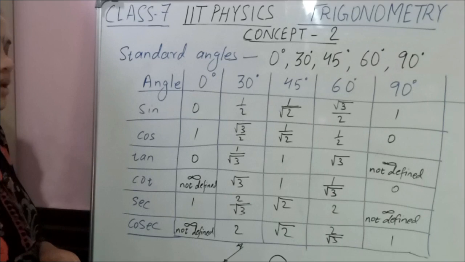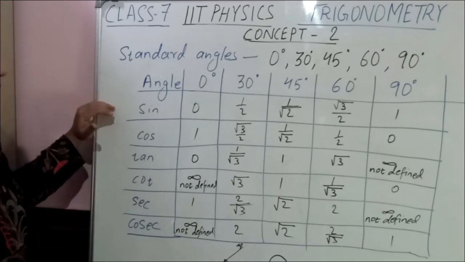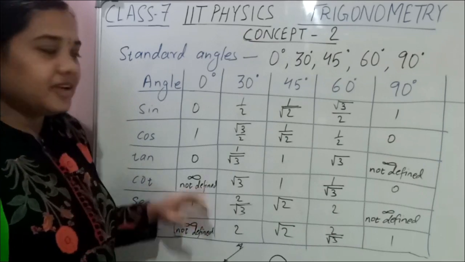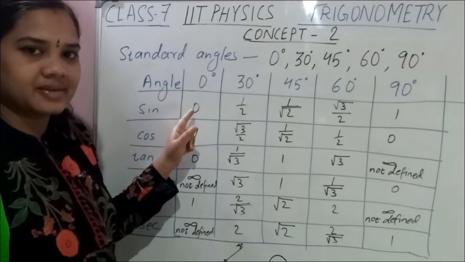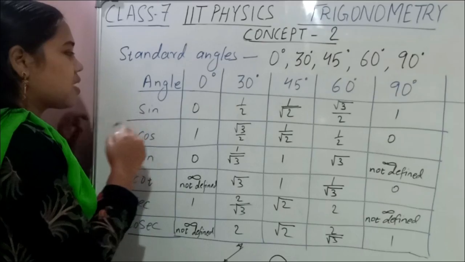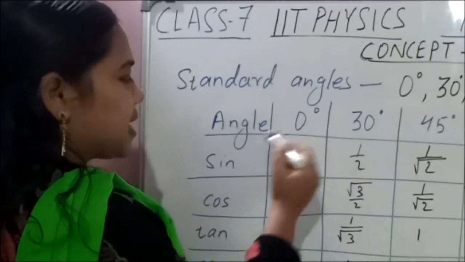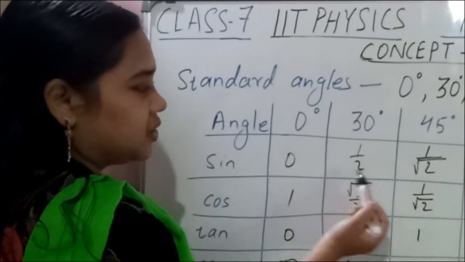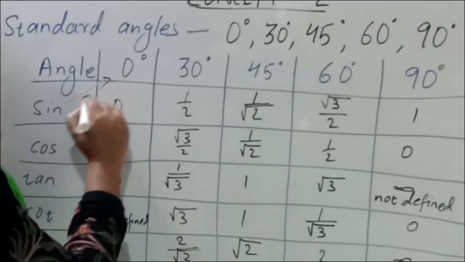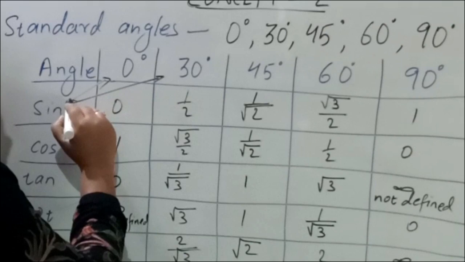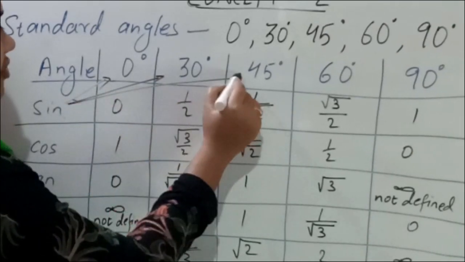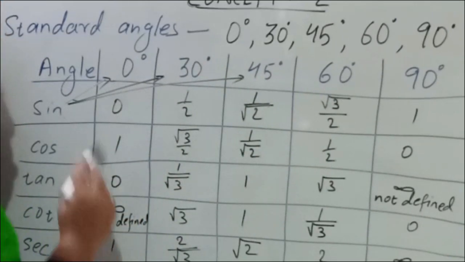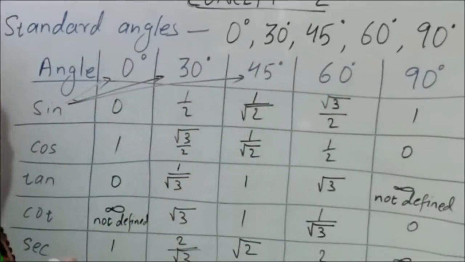So see here, the sine theta values, you can easily know if you know the value of sine. So sine theta is what? Sine 0 is 0, sine 30 is 1 by 2, sine 45 is 1 by root 2, sine 60 is root 3 by 2, sine 90 is 1.